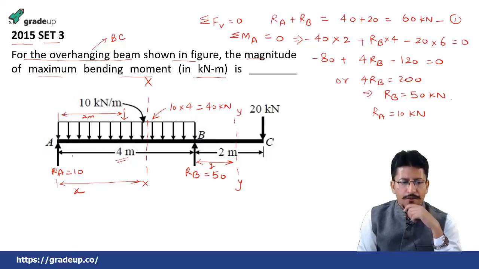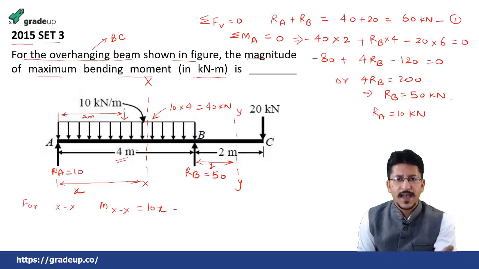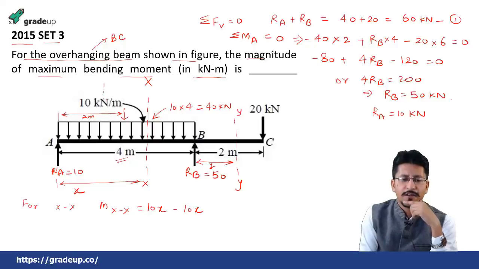So for the section XX, the moment at XX will be equal to how much? See, this will cause an upward, that is 10 into x, minus, now this is the distance x and the UDL is acting at a distance of x, the total intensity will be 10 into x, minus, because that will cause a negative bending, minus 10 into x, and that will act at a distance of x by 2 from here.